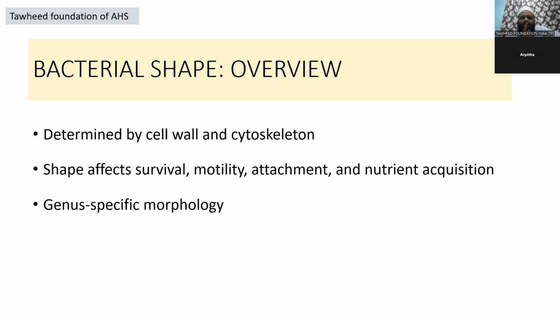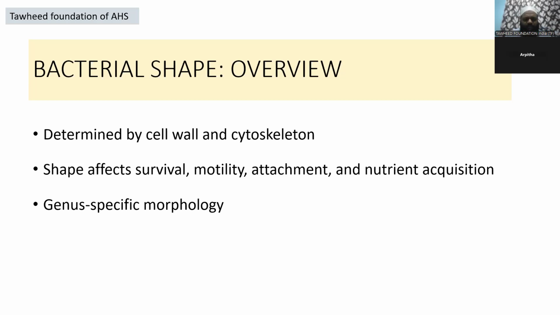Coming to the shape of bacteria, most bacteria have a rigid cell wall that provides a distinct shape to the bacteria. This is because of the cell wall that gives the shape to the bacteria. Even though this characteristic is valid for the majority of bacteria, they vary in shape, which allows them to be classified and identified easily.